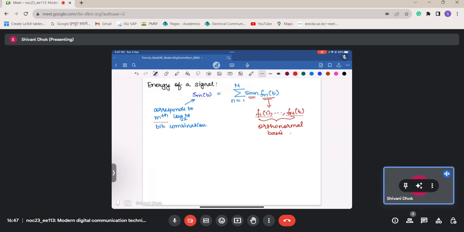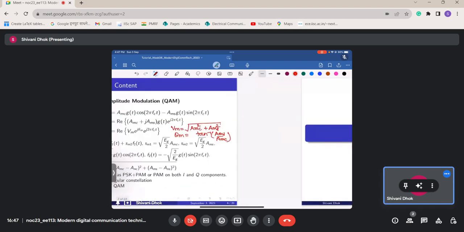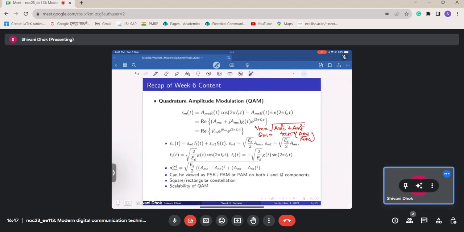This thing we have seen, we have done this for some constellation. If you observe here, this quadrature amplitude modulation is a two-dimensional signal. It has two bases. One is f1t, which is this, and another is f2t, which is this.